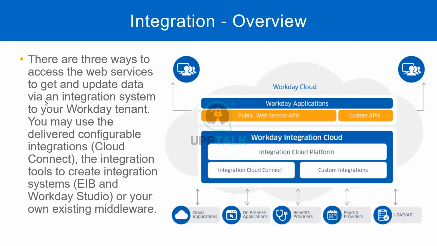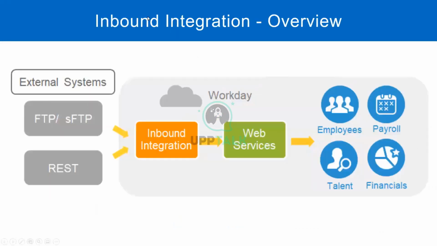If we are looking at the direction of the integration, an inbound integration would be where we are getting the data from external systems, and we are creating an inbound integration. We are creating some web services and updating the information in Workday.